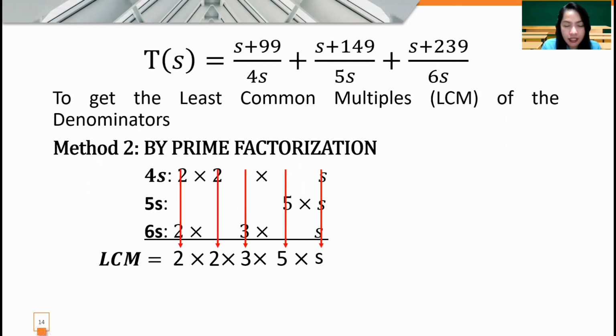Get the product, that is 2 times 2, that is 4, times 3 is 12, times 5, 60, times s, that we have 60s. So, pareho lang yung sagot natin using method 1 and method number 2. Ang LCM ng 4s, 5s, and 6s is 60s.